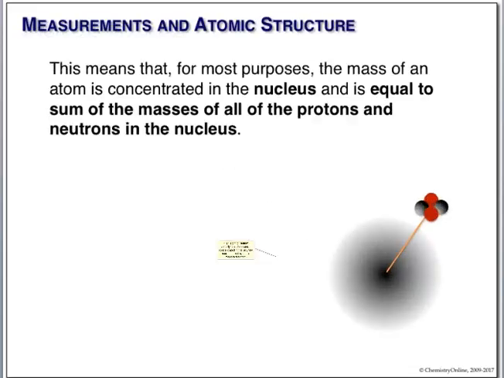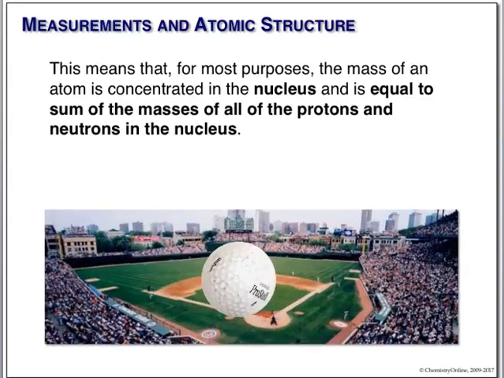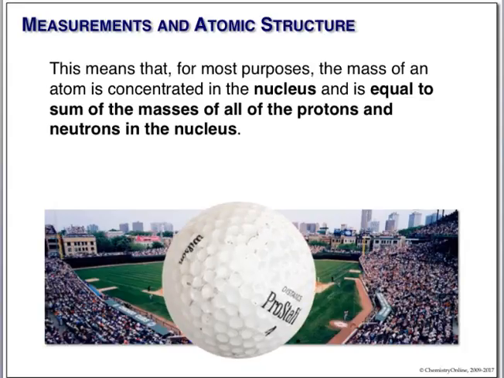So let's look at our little atom here. I tried to draw this to scale, but I can't. As I drew this, I used a single pixel for my nucleus, but that's way too big. Think about it this way. This is Wrigley Field, and that's a golf ball.